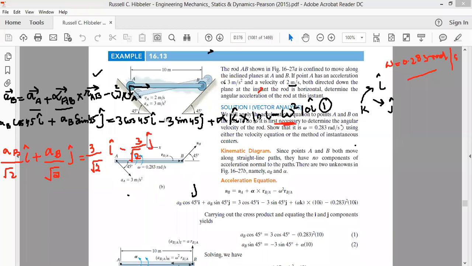Now we have alpha into 10, that is 10 alpha.